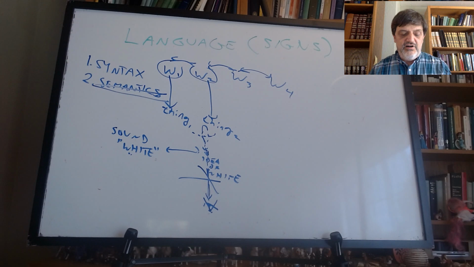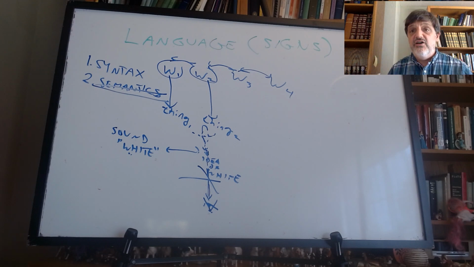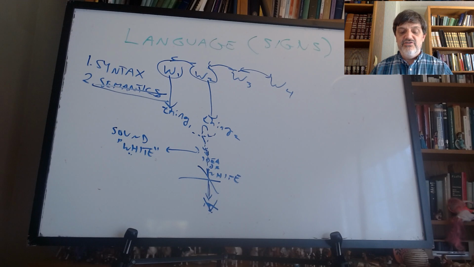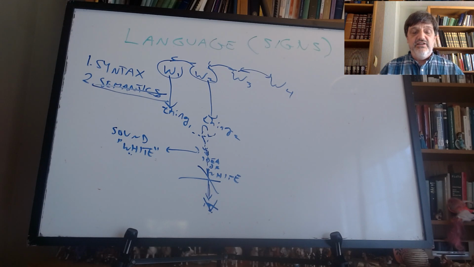So according to Berkeley, okay, let me put it this way. According to Locke, if we have general names, it must be because they're associated with general ideas. And that's the syntactic relationship, right?